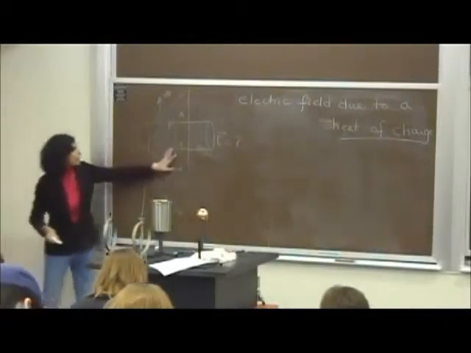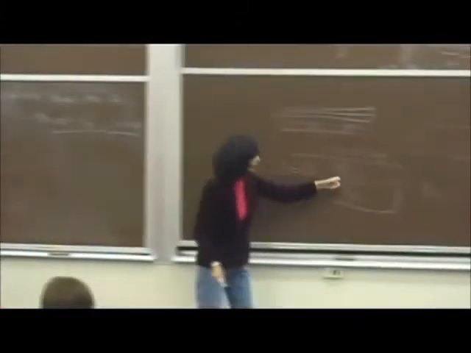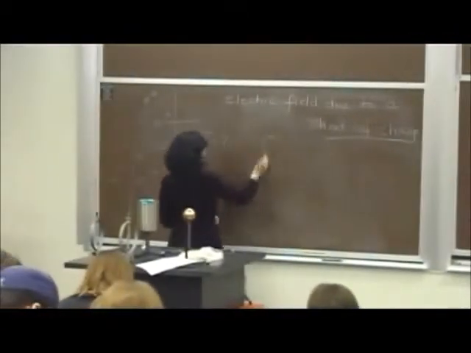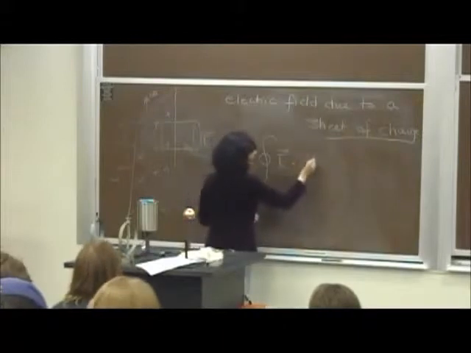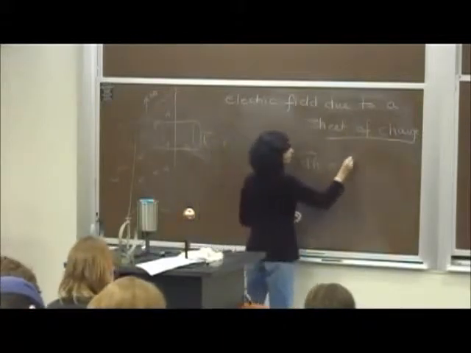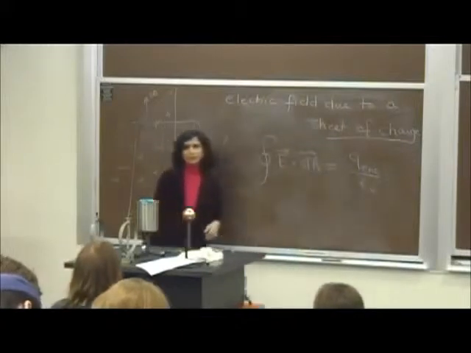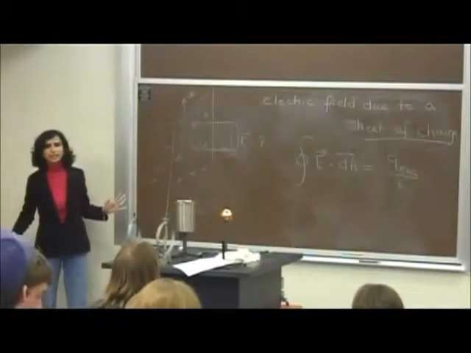Now we are trying to use Gauss's law, and remember Gauss's law says this, so we have to obviously make use of this. We have to make use of integral E dot dA is equal to Q enclosed over epsilon 0. This is what we want to use because we don't want to do any complicated integral.